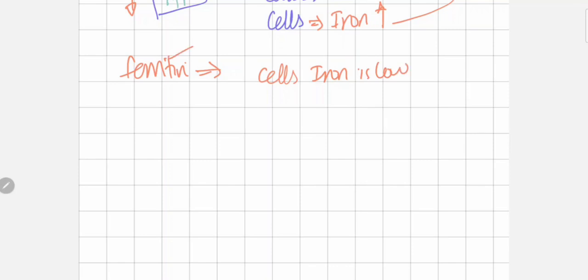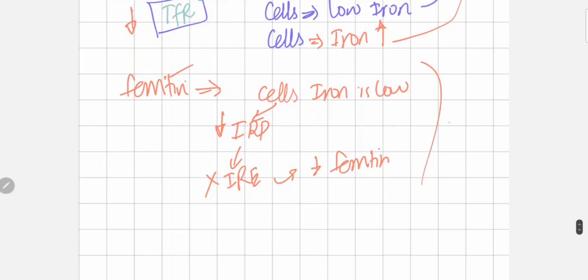Why do we need ferritin if we don't have iron to store? So when cell iron is low, the iron regulatory proteins are going to decrease, they will not bind to the iron response elements, and there is going to be decreased ferritin, and vice versa.